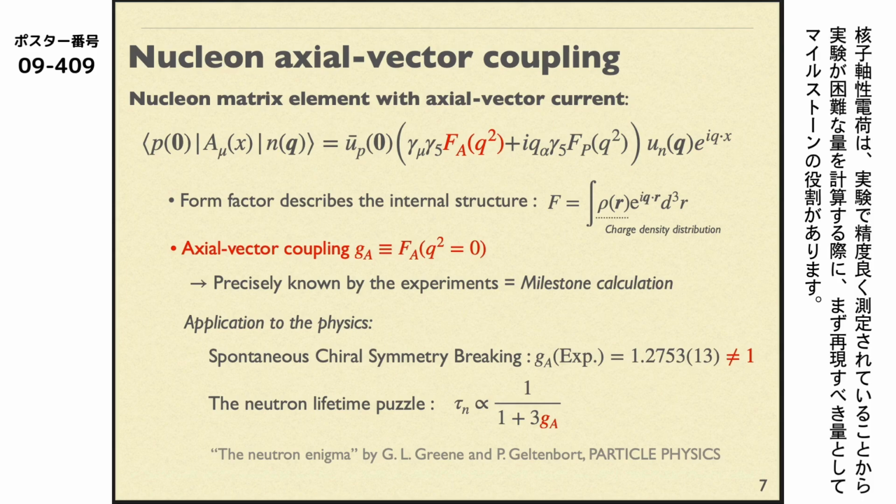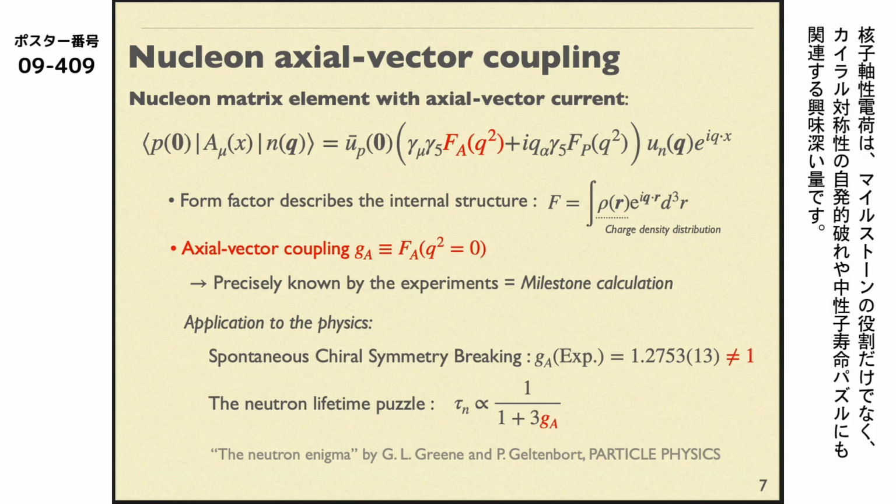This value is precisely known from experiments, therefore, this calculation is a milestone calculation for calculating quantities which are difficult in experiments. This value gives important information for spontaneous chiral symmetry breaking and the neutron lifetime puzzle.